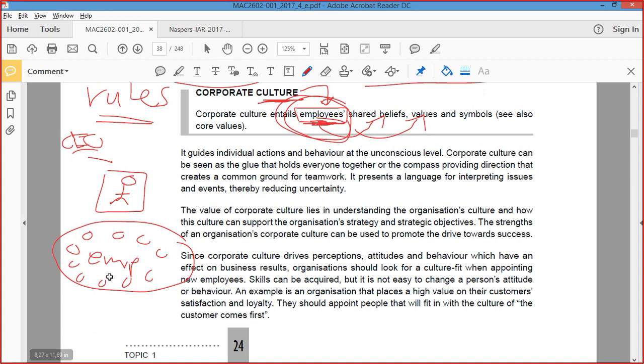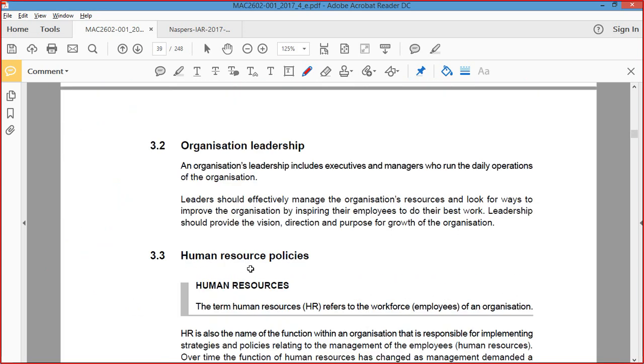Who do you think is going to win? Probably the employees. Because why? If they share the same beliefs and values, then this is going to become the culture. If the CEO can influence the shared beliefs, values, and so on, then that becomes the culture. Make sense? Yes, sir.